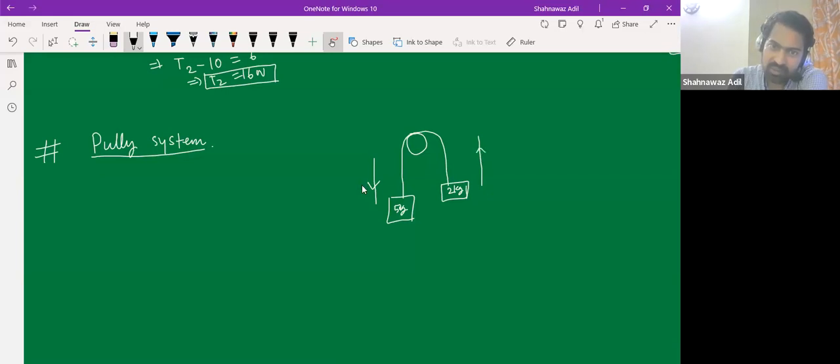So we have acceleration in the downward direction and acceleration in the upward direction, and they are the same, because we have three conditions that we have to follow. One is that the pulley is massless.